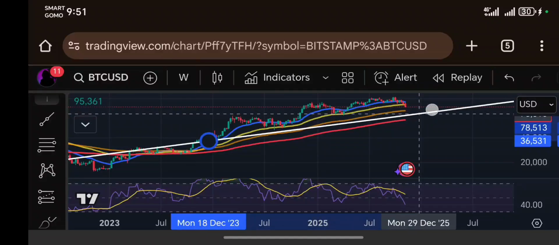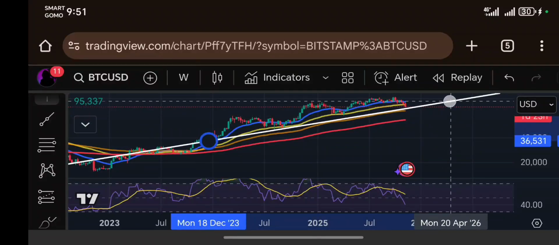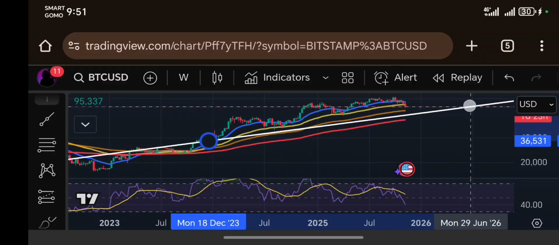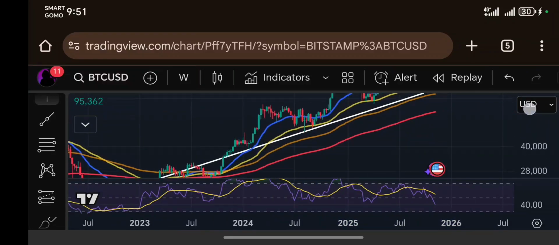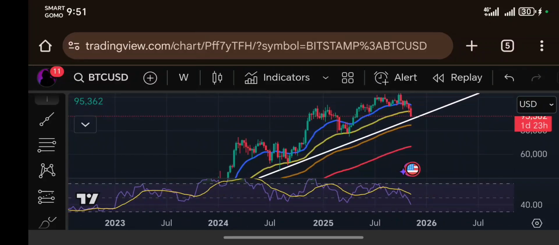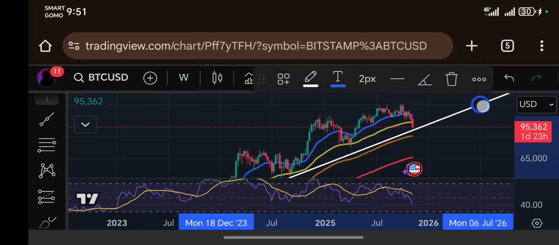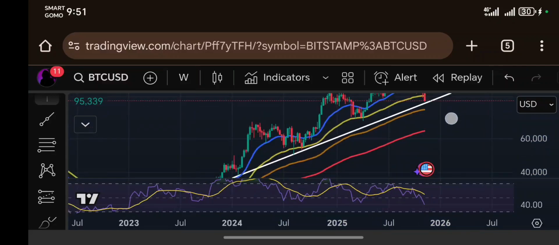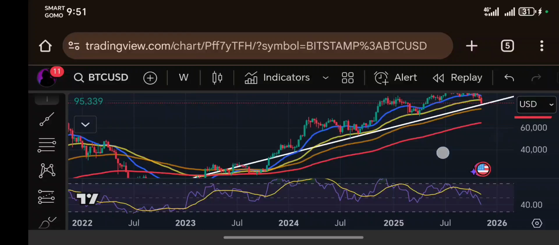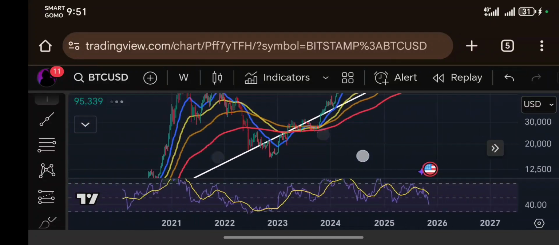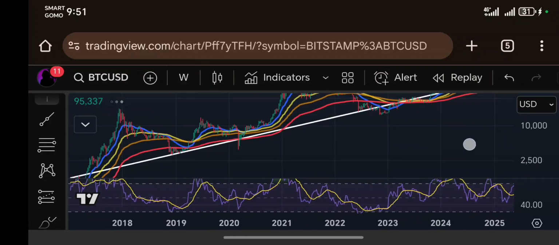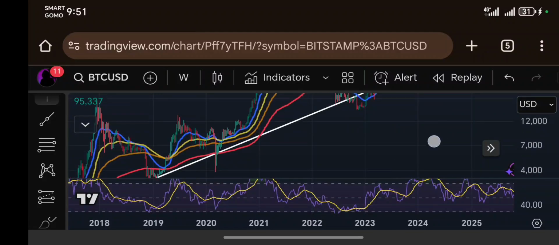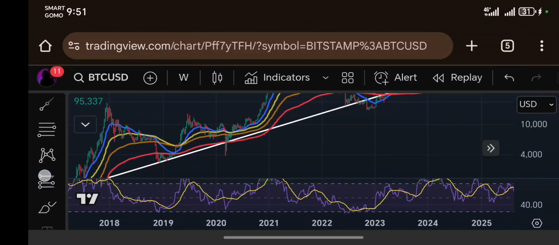Maybe I'm just extending it the wrong way. There. I don't know. But still. Maybe. Something like that. But let's see. Yeah. There's a possibility here that this trend line is much more accurate.